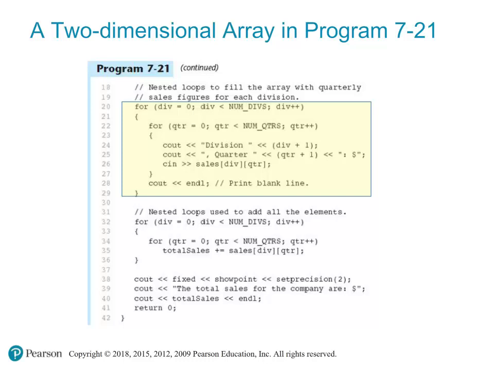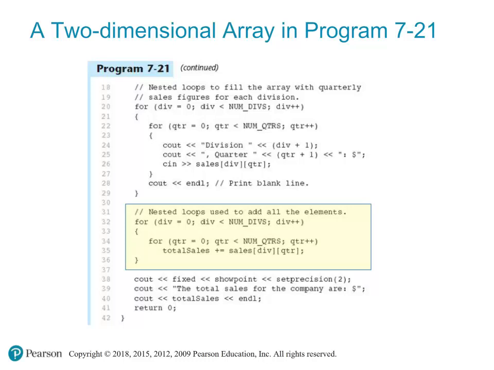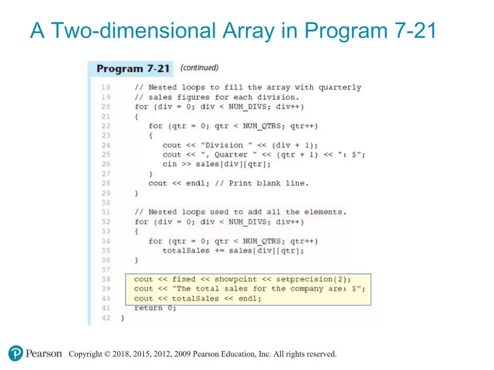So this will ask the user to input the sales for each division and each quarter. We use another set of nested loops to go through each element of the sales array and add it to totalSales. Finally, we display the total sales figure in a formatted way.